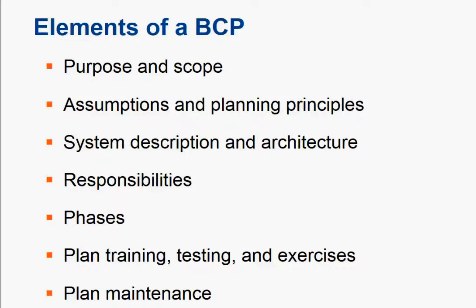For example, a BCP includes the following sections: purpose and scope, assumptions and planning principles, system description and architecture, responsibilities, notification and activation phase, recovery phase, reconstitution phase, training, testing and exercise plan, and plan maintenance.